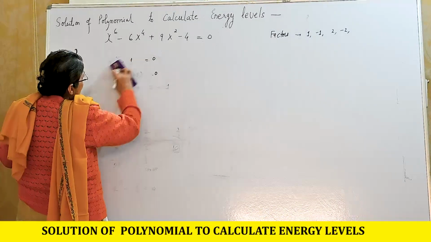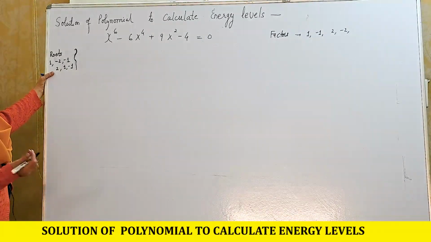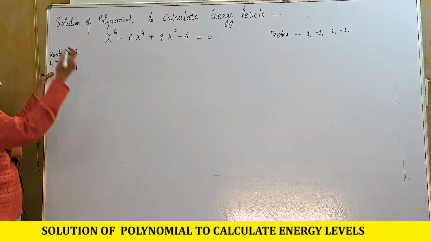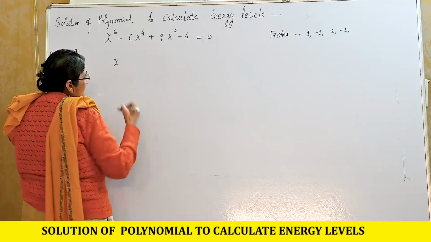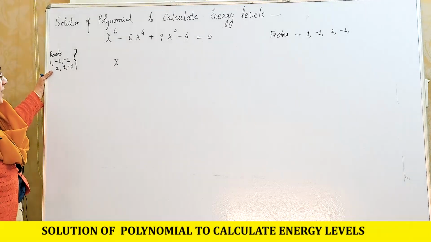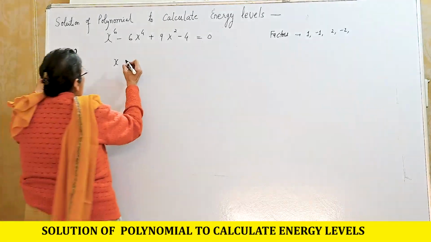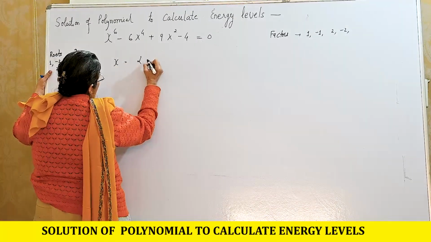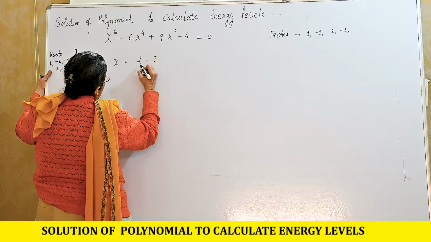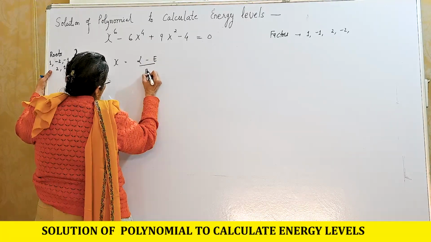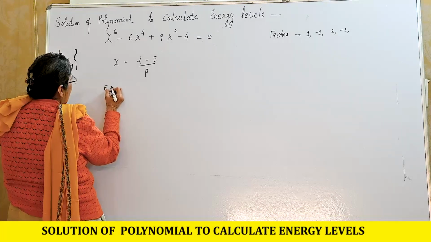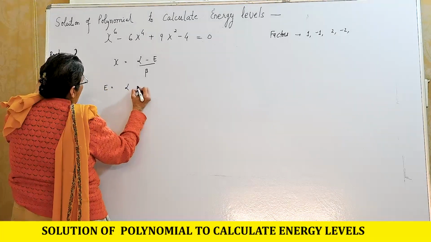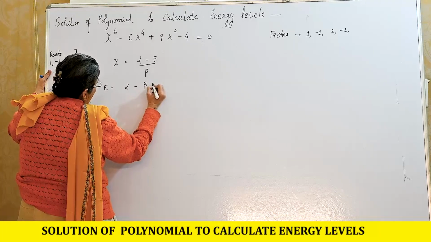the benzene. Now we calculate for the energy. As you know, in earlier videos I have explained that x is written in place of alpha minus E upon beta. So therefore E is alpha minus beta x.